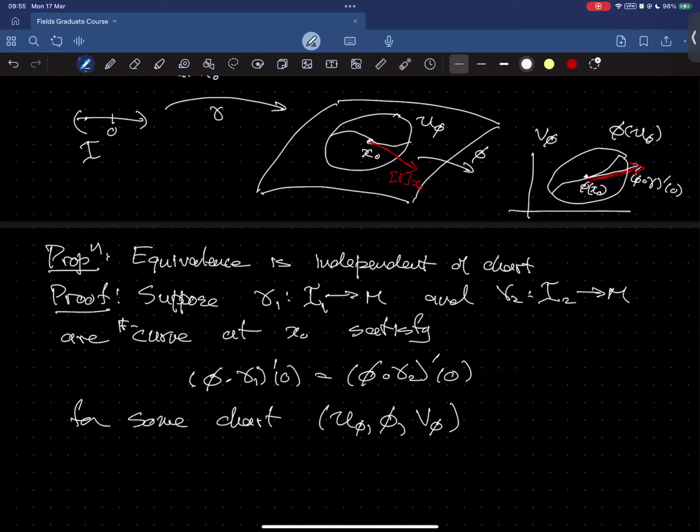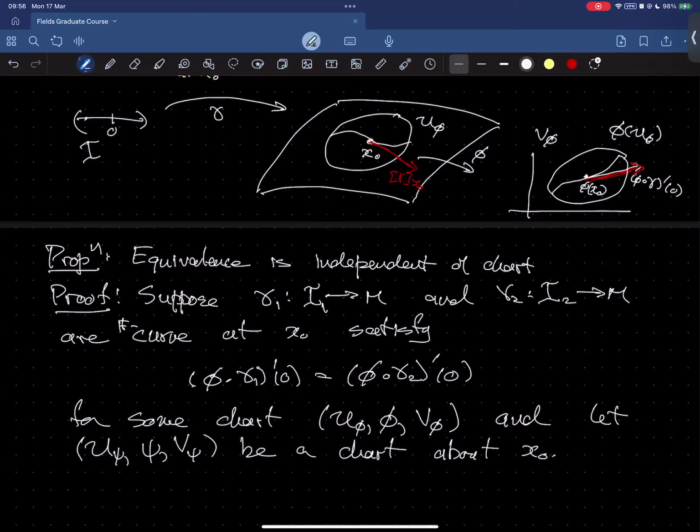So let me introduce another chart, U psi, psi, V psi, a chart about x naught.